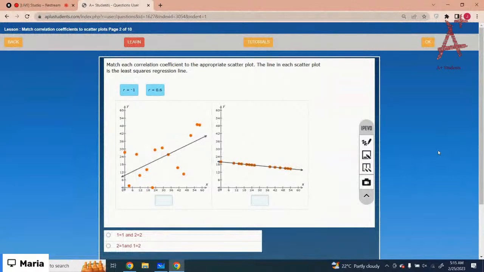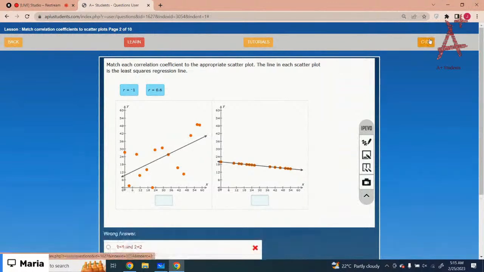Okay, match each correlation coefficient to the appropriate scatter plot. The line in each scatter plot is the least squares regression line. So it is 1 equals 1 and 2 equals 2, because here x values are increasing, y values are also increasing.